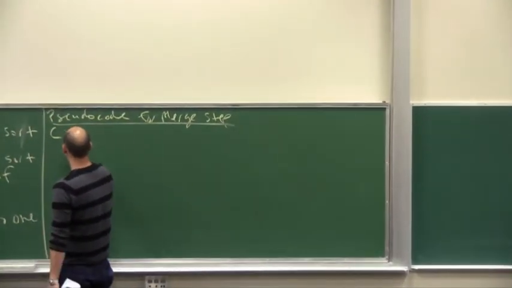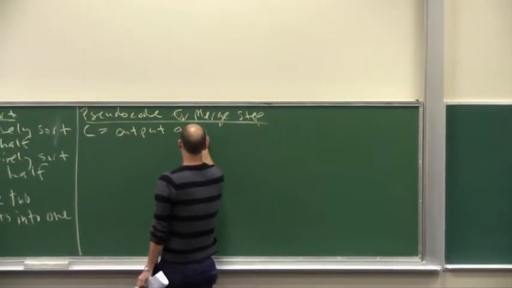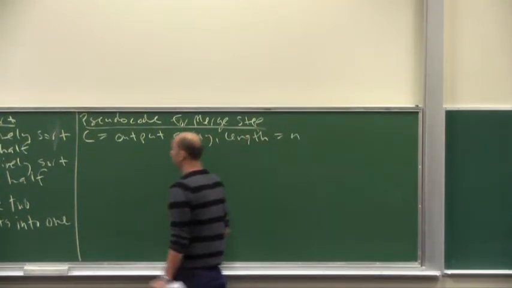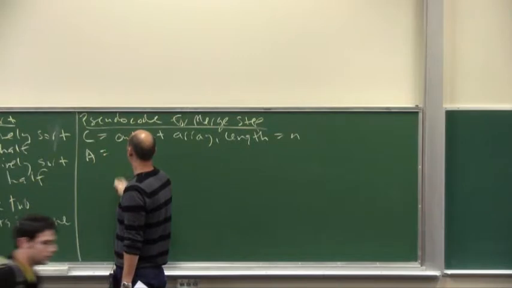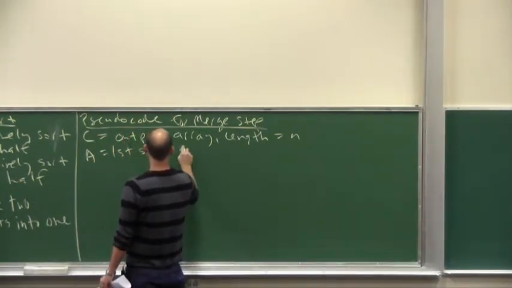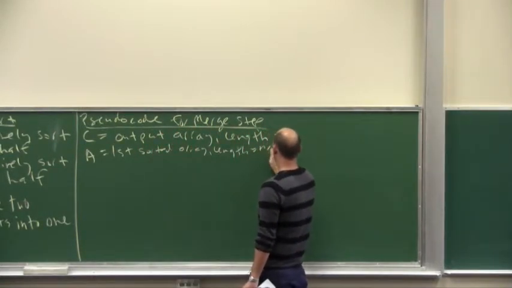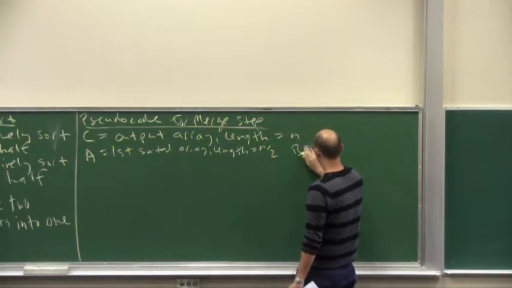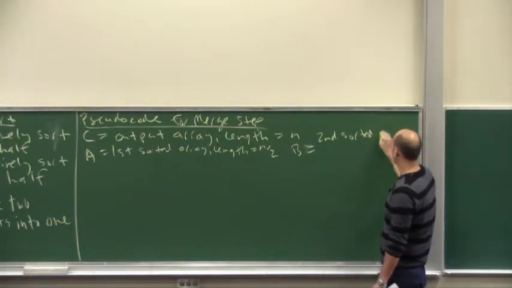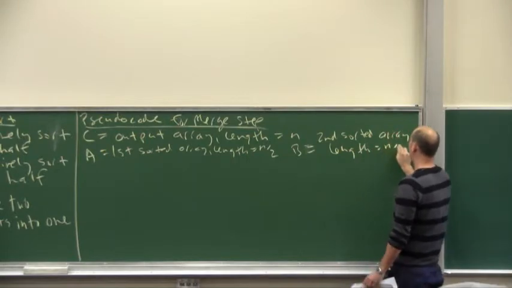So let's have some notation. Let C be the output array, which is what we're going to return. Its length is going to be n. A is going to be the first sorted array, length n over 2. And B is the second sorted array, length n over 2.